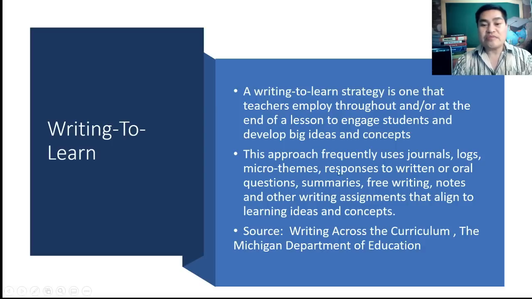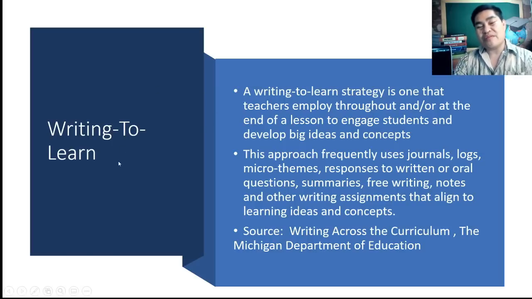This approach can be incorporated through journals, logs, responses to written and oral questions, summaries, free writing, notes, other writing assessments, or the quick write, and so on. Those are the things we can do when we incorporate writing to learn.